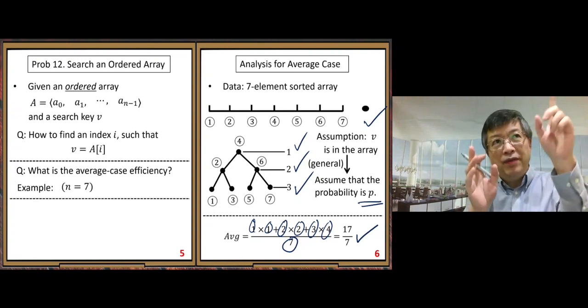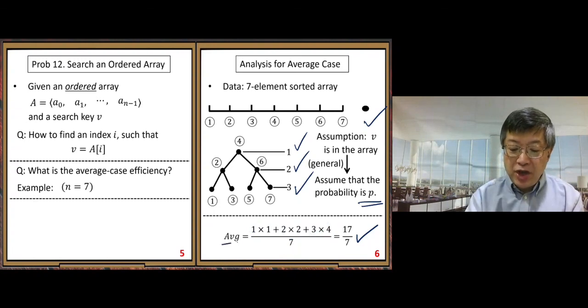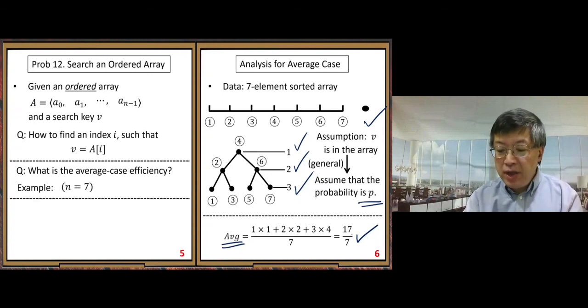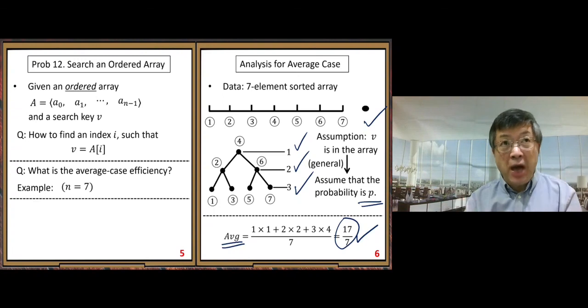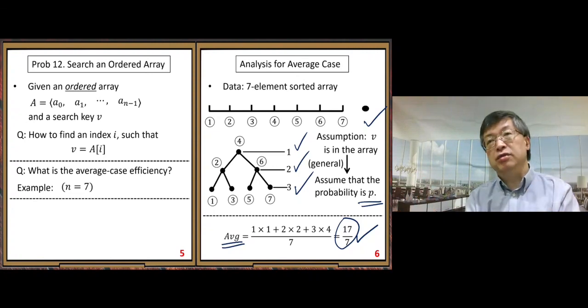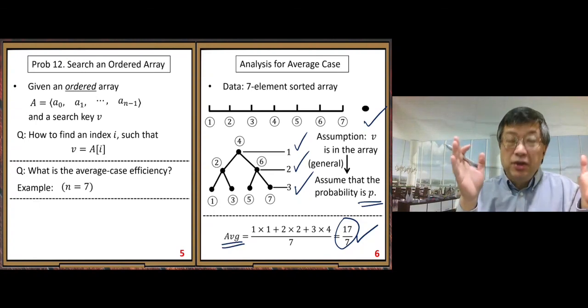One thing I want to point out: when we talk about average case efficiency, we do not require the answer to be an integer. A fractional number is okay, because the average should be a non-integer fractional number most of the time. Only in a very special case do you get an integer.